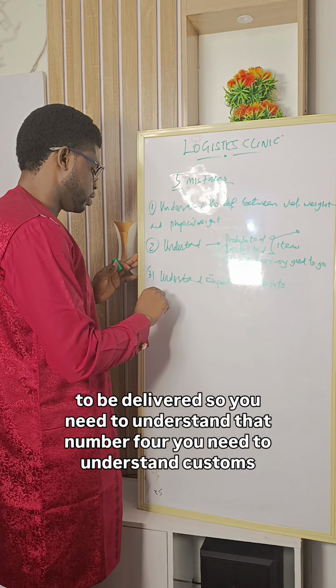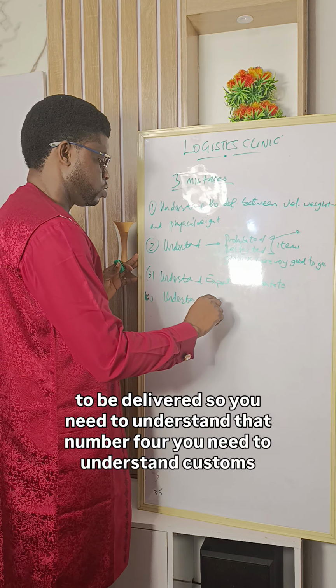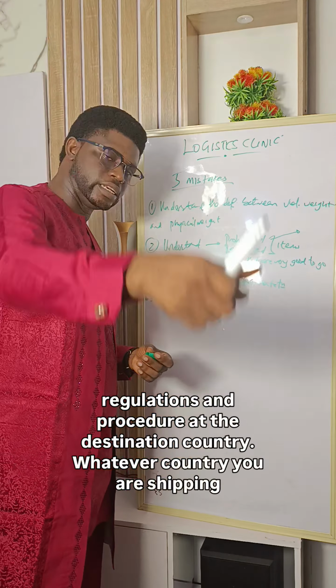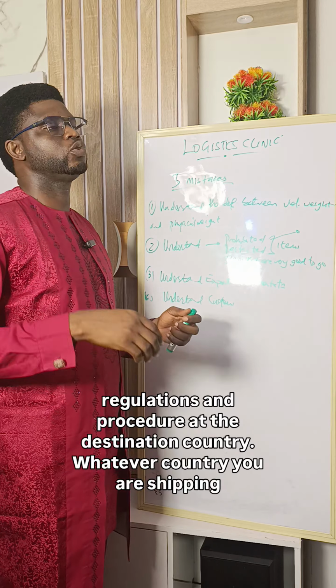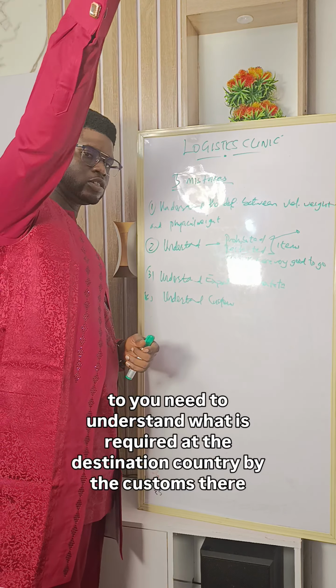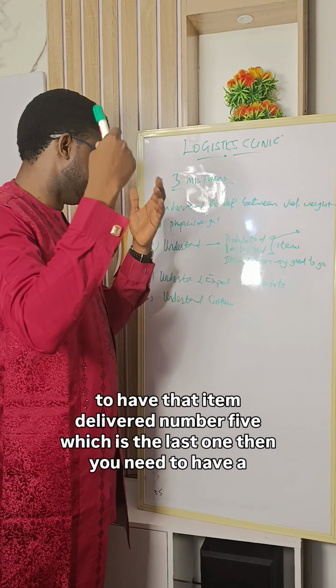Number four, you need to understand customs regulations and procedures at the destination country. Whatever country you are shipping to, you need to understand what is required by the customs there to have that item delivered.